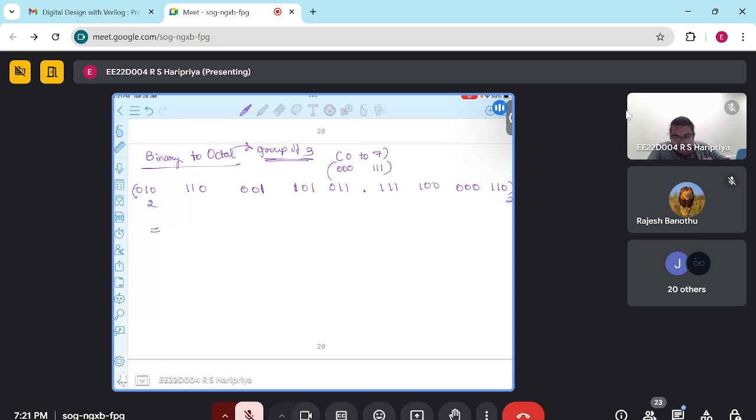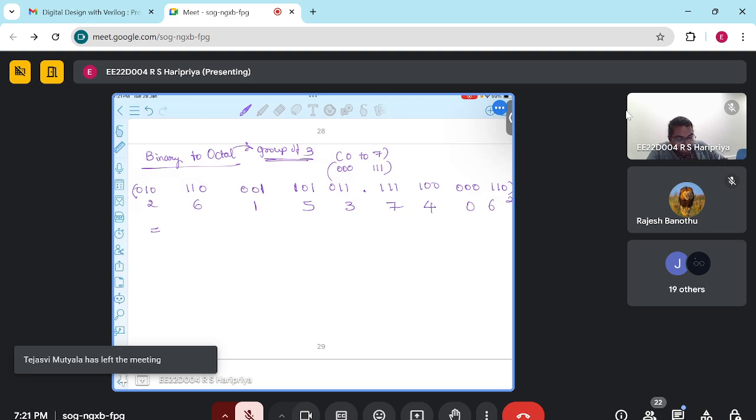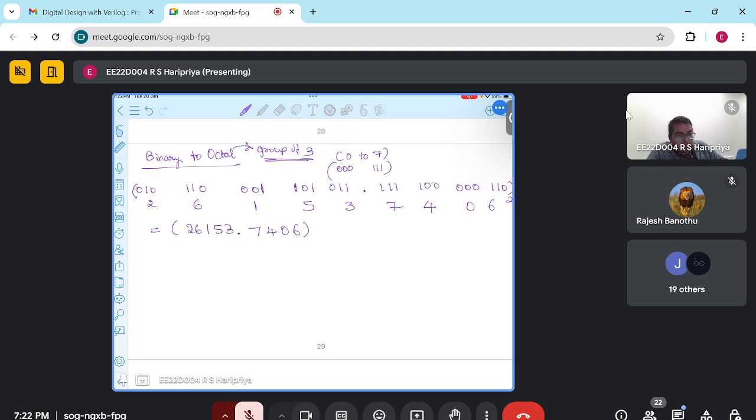You can append 1 0. 6, 1, 5, 3, 7, 4, 0, 6. So the equivalent is 26153.7406. This is in the octal number system. So we can observe that the valid digits are 0 to 7.